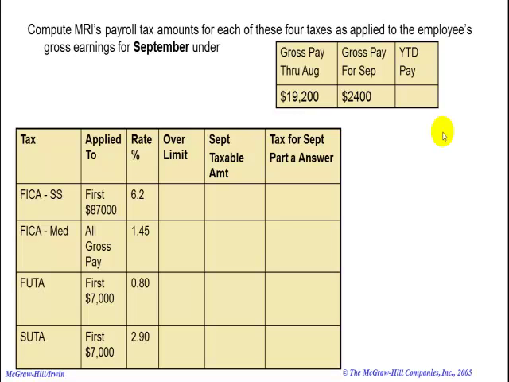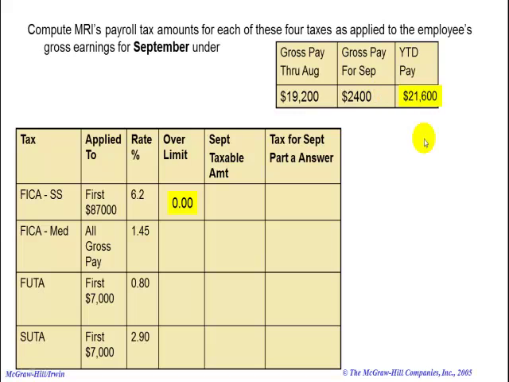Part B, this employee has earned wages through August of $19,200, and for September they have earned $2,400. The total for the year will be $21,600. Looking at the gross pay for September, $2,400, they're not over the limit on Social Security because the limit's $87,000.